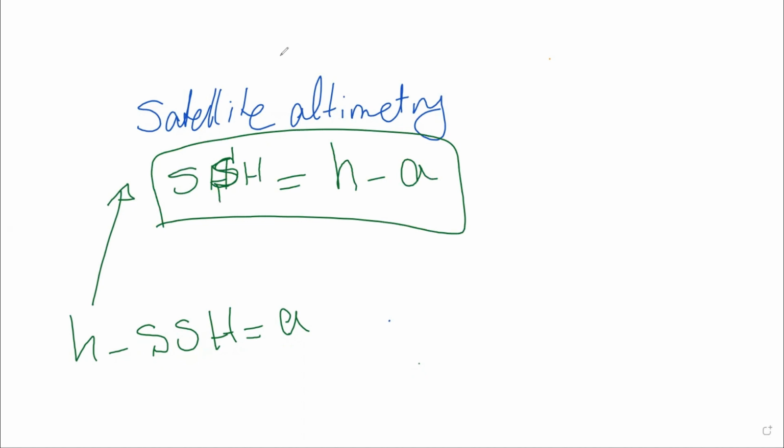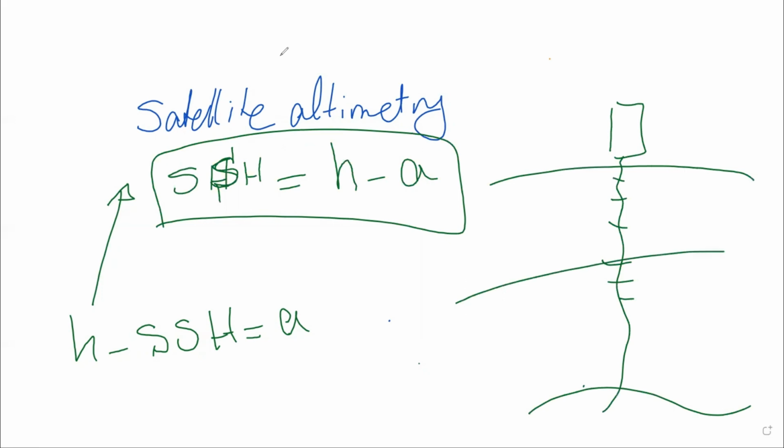So it's not that simple because we have an altimeter here and it transmits the signal down to the sea. This signal passes through the atmosphere. We have the ionosphere here, which can influence the signal, and down there we have the troposphere.